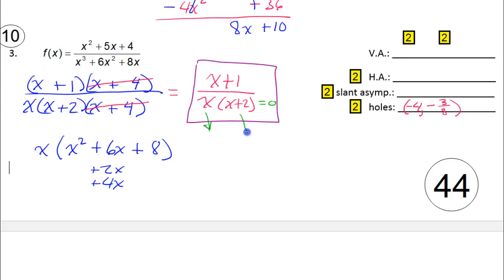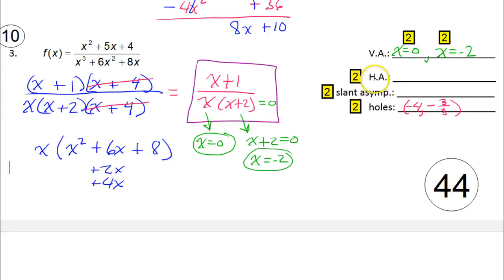So that means I'm going to wind up setting each of these factors equal to 0. That will give me x equals 0 and x plus 2 equals 0. So x equals 0, that's a vertical asymptote right there. And if I solve this by subtracting 2 from both sides, I have x equals negative 2. So that's another vertical asymptote.